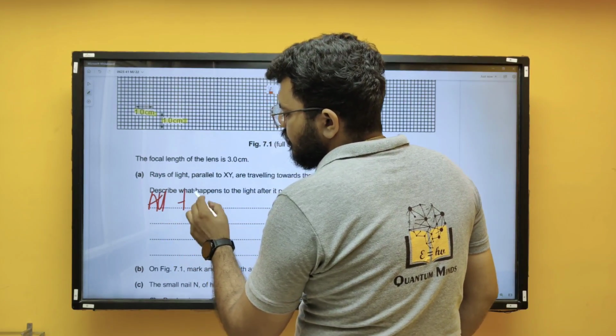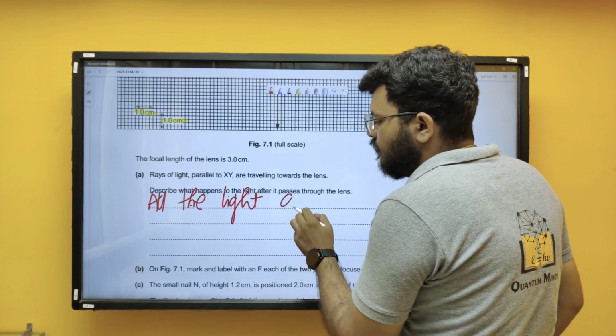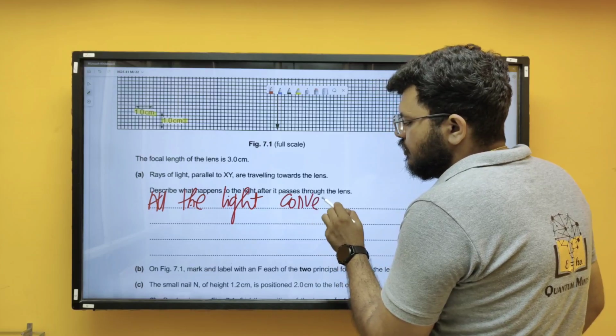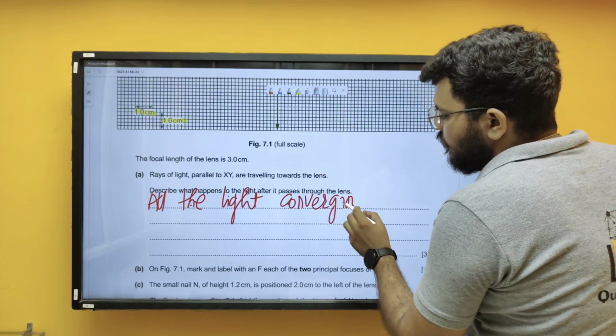All the light converges, right, because this is a converging lens. Sorry, I wrote converging lens.